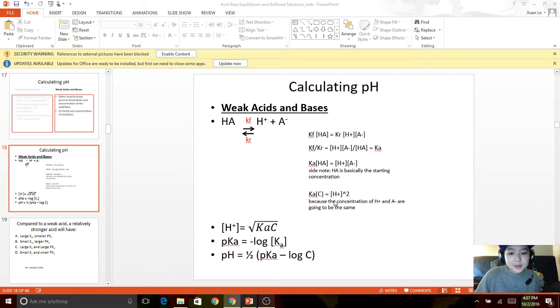Rearranging again, if we square root both sides, we're going to get this equation, and then we're going to take the negative log of each side of this equation and get this final equation. This is the equation that we're going to be using to calculate the pH when we have pKa.